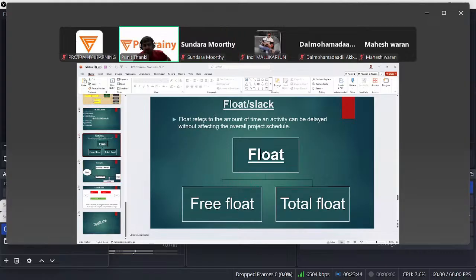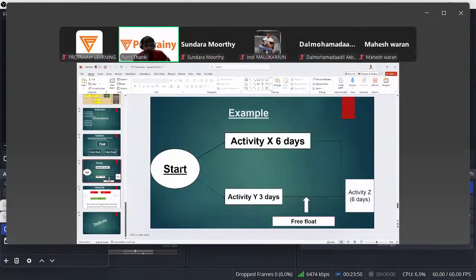See, float refers to the amount of time an activity can be delayed without affecting the overall project. Float is of two kinds: free float and total float. For example, see, this is start. Activity X, activity Y. Activity X lasts 6 days, activity Y lasts 3 days.